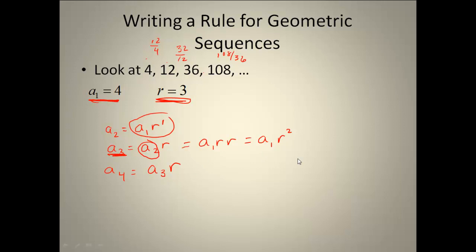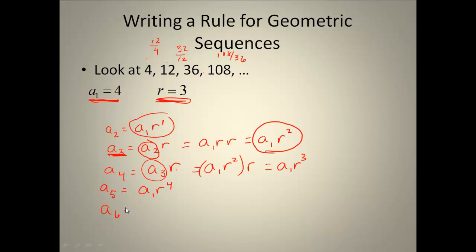Well, a sub 3 is really equal to this, so I'm going to replace my a sub 3 with that, and I'm going to have a sub 1 times r squared times that r again, which is a sub 1 times r to the third. So now if you see our pattern, our next one, a sub 5, would be a sub 1 times r to the 4th. And our a sub 6 would be a sub 1 times r to the 5th, because the pattern would continue.